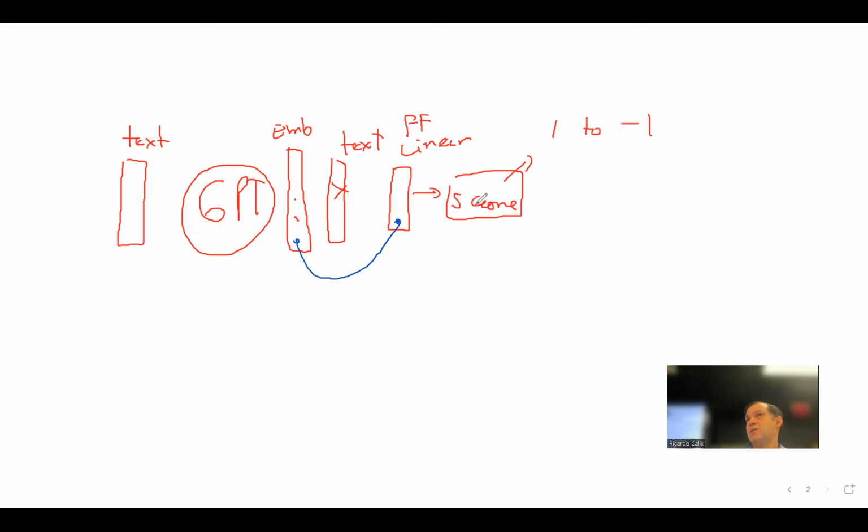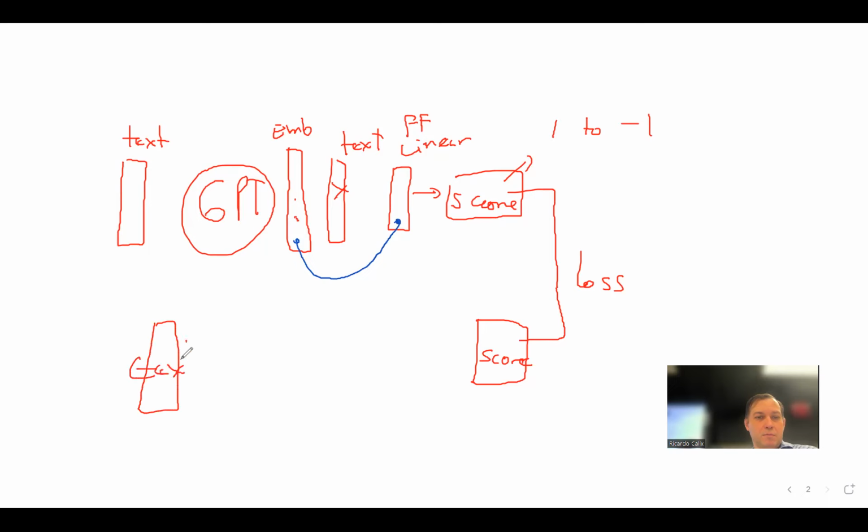Okay? So the idea is you need to have some kind of a loss function here to minimize this, right? So that means that you need to have some data with a score. So now you're going to have some text, and this text generates other text, right?